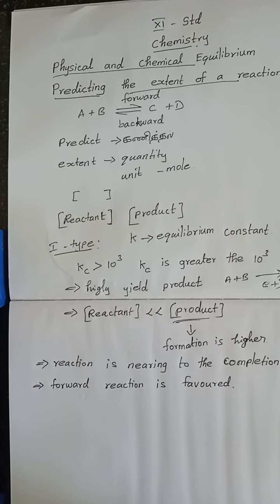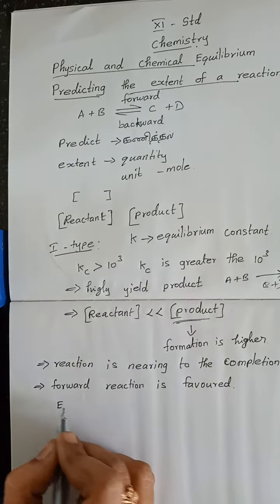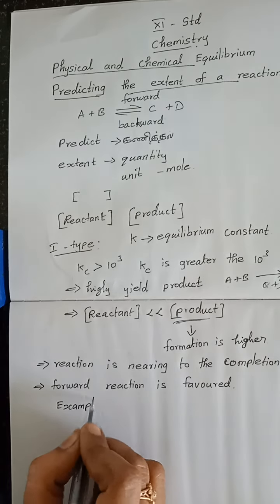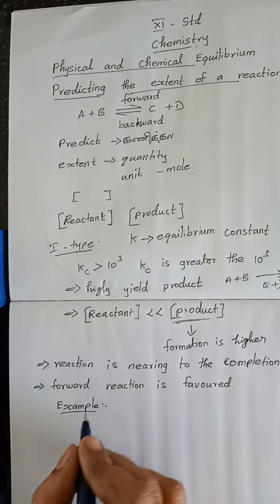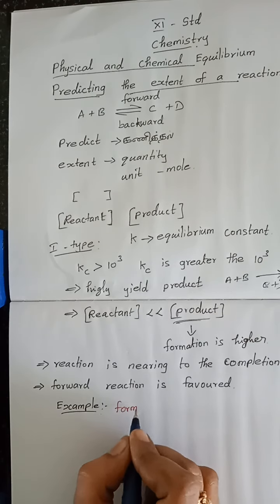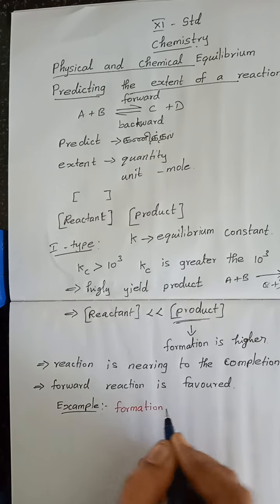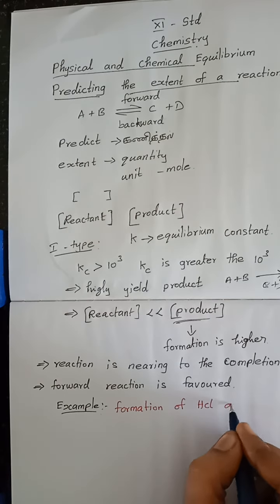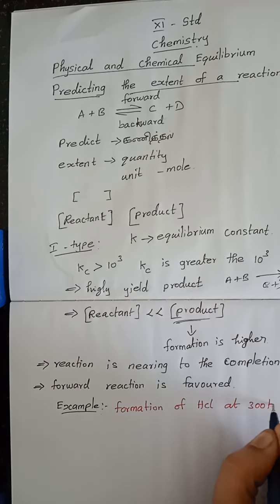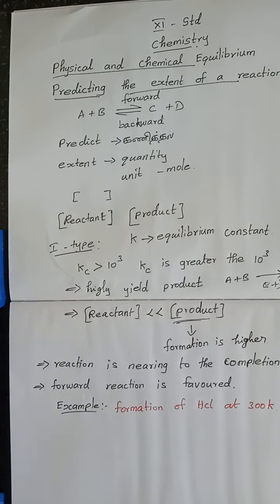Okay, then the reaction examples. In the first example, the formation of HCl at a temperature of 300 Kelvin. So what is the reaction?